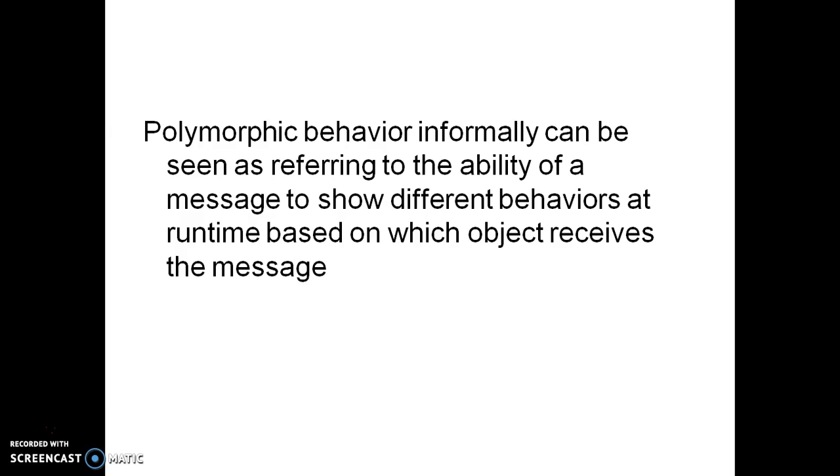The next concept is polymorphic behavior, and informally it can be seen as referring to the ability of a message to show different behaviors at runtime based on which object receives the message. So a part-time employee, if it receives the message calculate salary, would have a different behavior of how to calculate salary, and a full-time employee would similarly have a different approach to calculating salary.